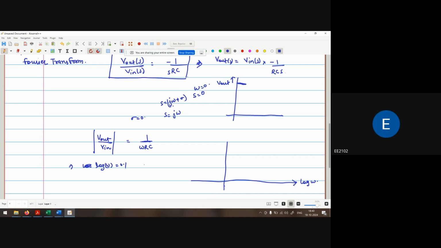It will start from 0.1 or 0.01. So what is the value of log of omega, 0.01? So the omega value is 10 raised to power 0.1.